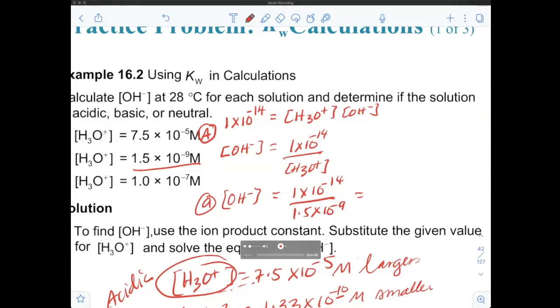So now I'm going to use the equation here on my calculator: 1.5, exponent negative 9. So 1.5 times 10 power negative 9. And I get 6.667 times 10 power negative 6.